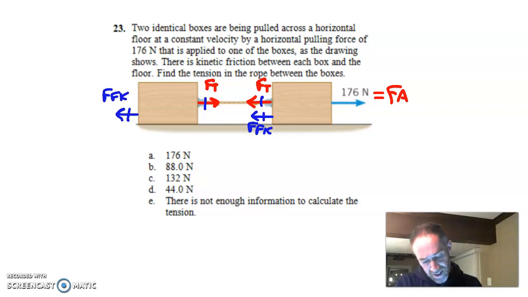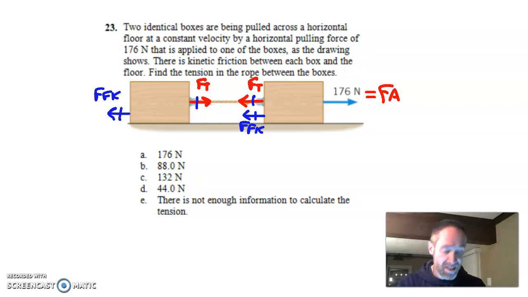Okay, good. And so if those two are the same, then these two are the same, because the two tensions are the same size as each other, the two frictions are the same size as each other, and so red and blue are the same size. So I really only have two sized vectors there. I've got the big applied force over on the right, and then all the vectors to the left in the picture are the same size. So what do I have here? I have two forces, call them F size.